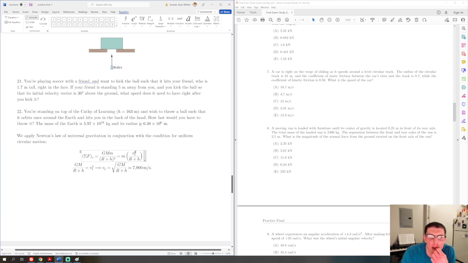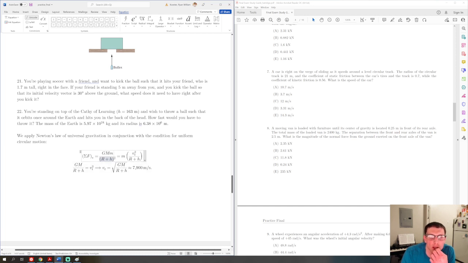And so this was the right-hand side. This is our ma term, where this is the centripetal acceleration. And then this is just the force on the ball according to Newton's law of universal gravitation. And we just did the algebra.